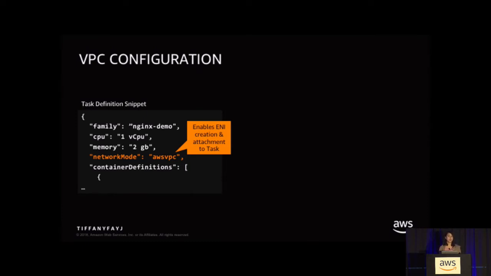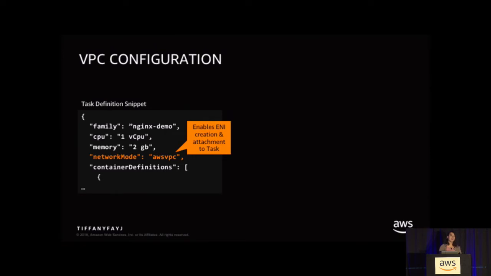Whereas before, if you were using an EC2 instance, you would have one IP address for your entire instance. So if you wanted to have multiple tasks with different containers trying to go to port 80, you would have to change the host port, otherwise they would interact with each other.